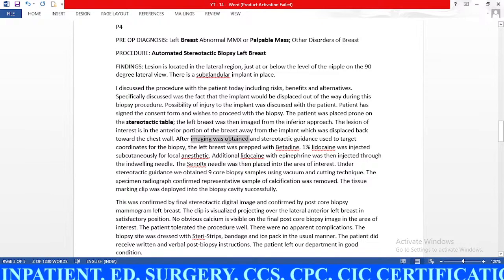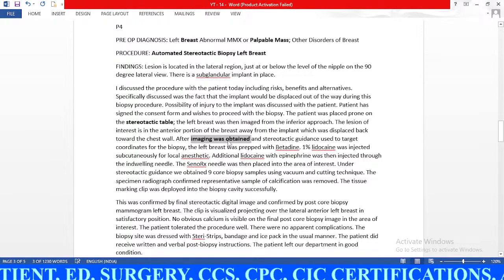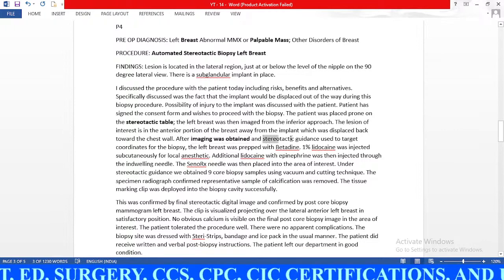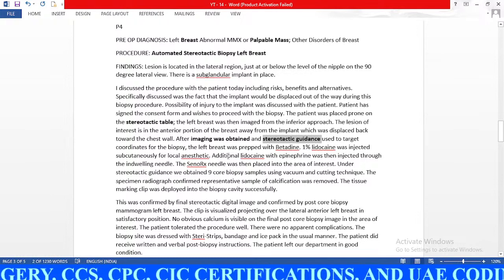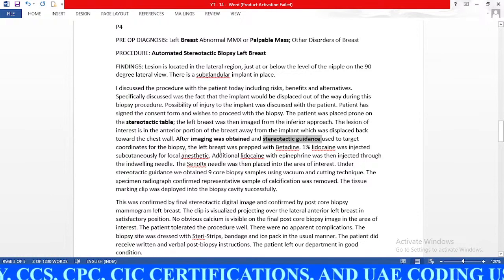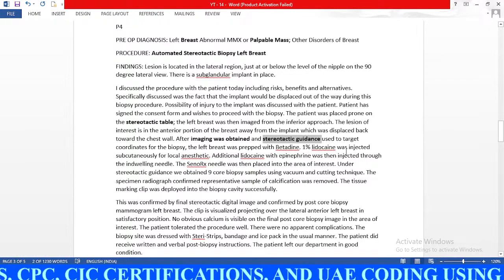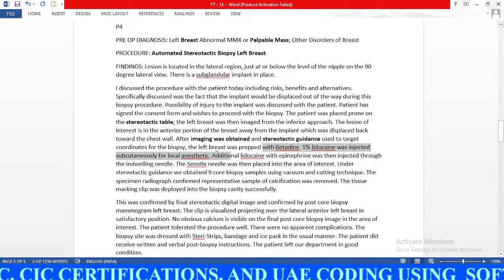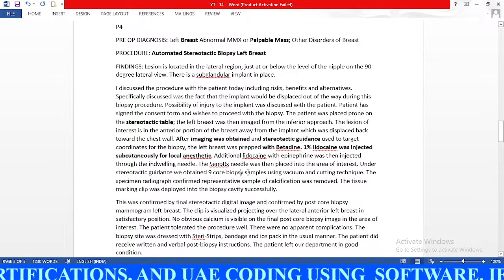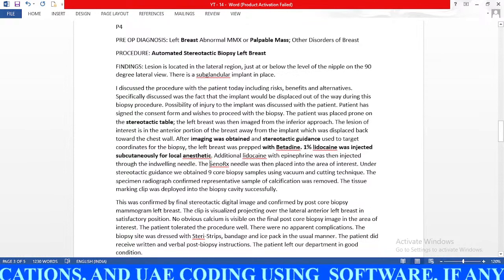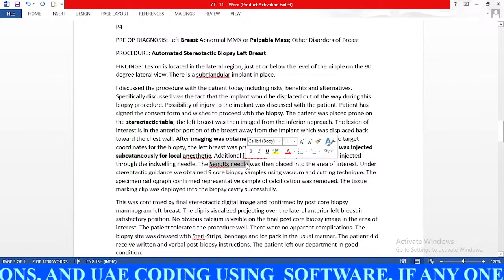After imaging was obtained and stereotactic guidance confirmed, stereotactic guidance was used to target coordinates of the biopsy. The left breast was prepared with betadine. These are local anesthesia basically. So here the needle is the keyword.